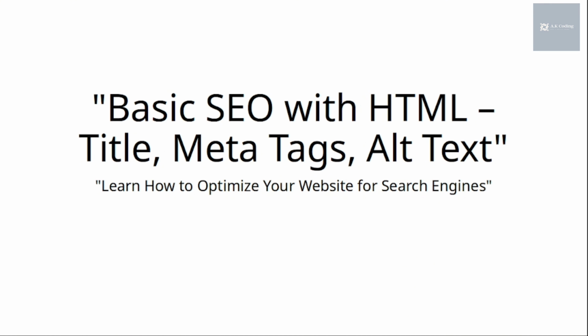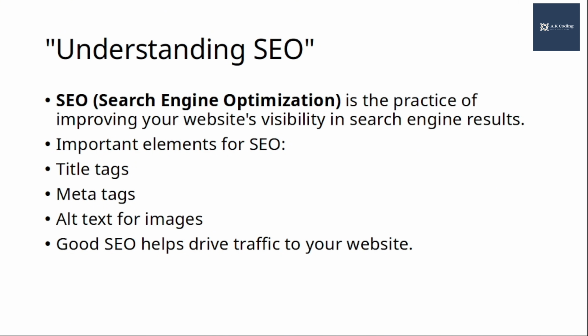SEO stands for search engine optimization, and it is the practice of improving your website's visibility in search engine results, which means in Google or any kind of search engine. So when you type the website name, it should be visible in the search engine.